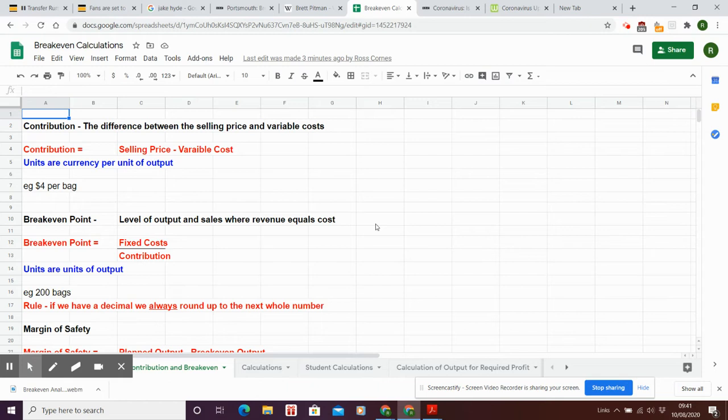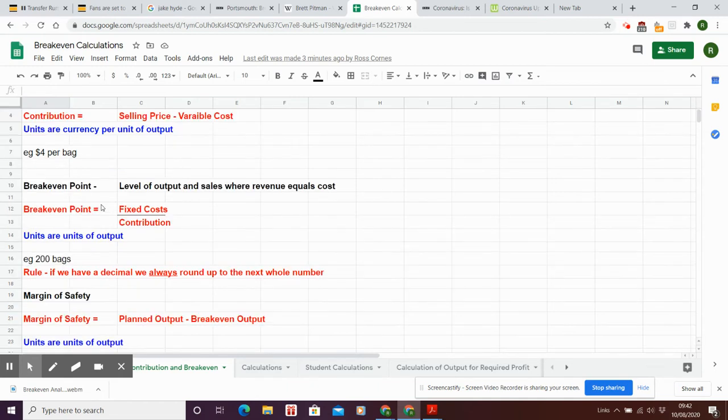So for example, once we've covered the fixed costs of the firm, if we make £3 or dollars per unit, that would equate to an extra $3 or £3 of profit. And if we were operating below the break-even point, every extra unit made and sold would reduce the loss by $3 or £3 per unit.